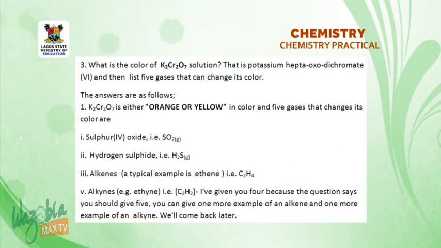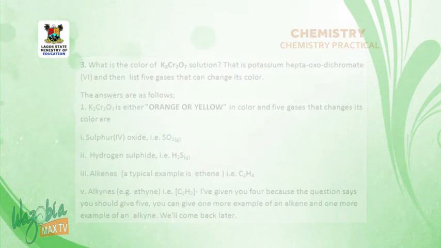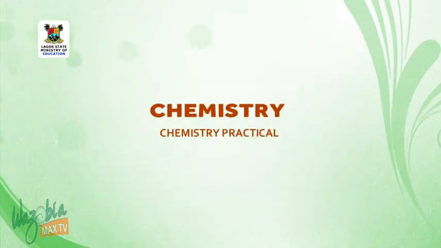A typical example is ethene, that is C2H4. And number 5, alkynes. A typical example is ethyne, that is C2H2. I've given you 4. Because the question says you should give 5, you can give one more example of an alkene and one more example of an alkyne. We'll come back later.